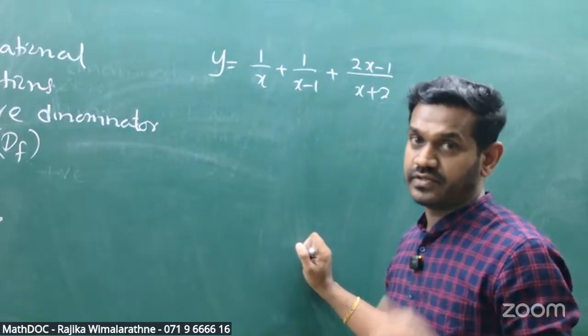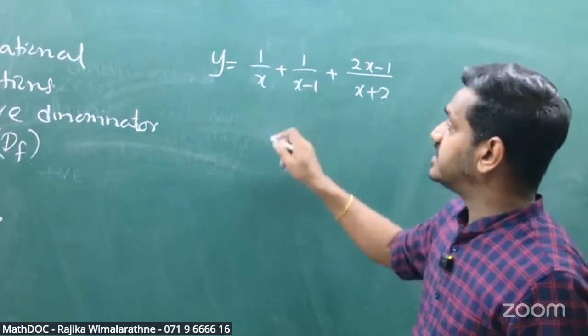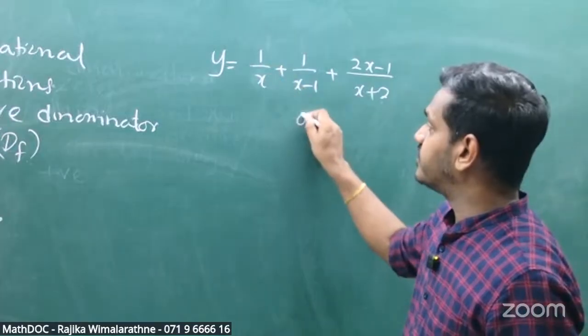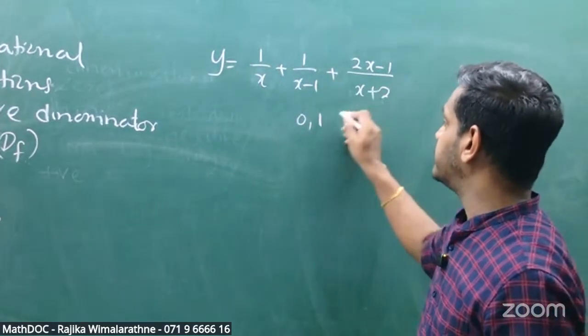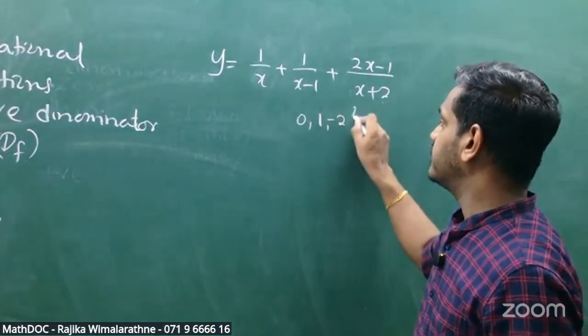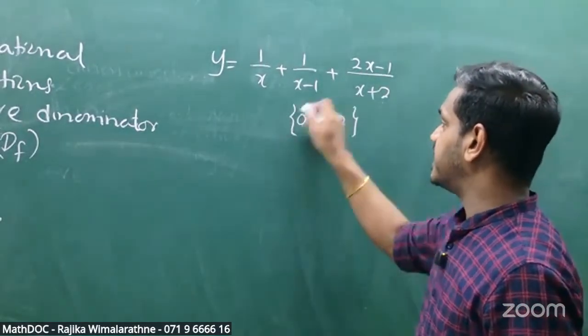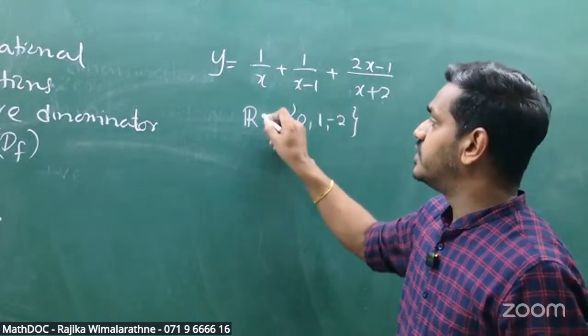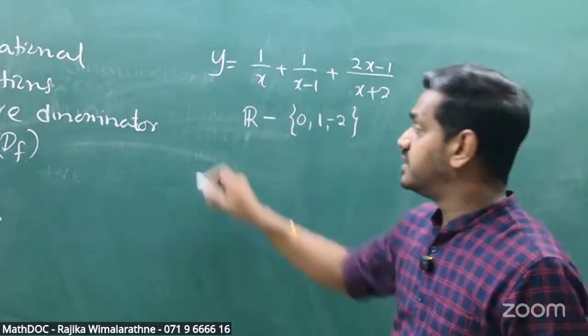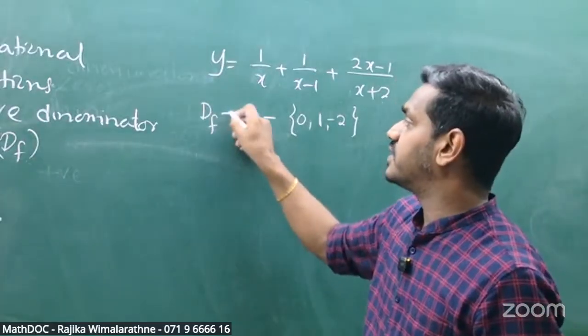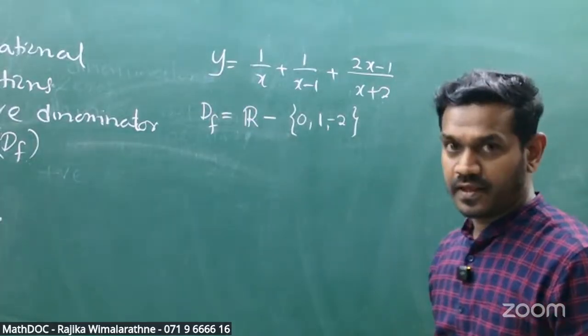Here the denominator zero is 0, here it is 1, and here it is minus 2. So you put that into one set and remove that set from the real set. So that is our domain. Okay.